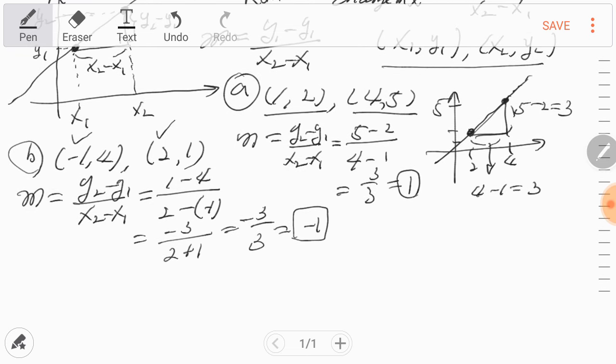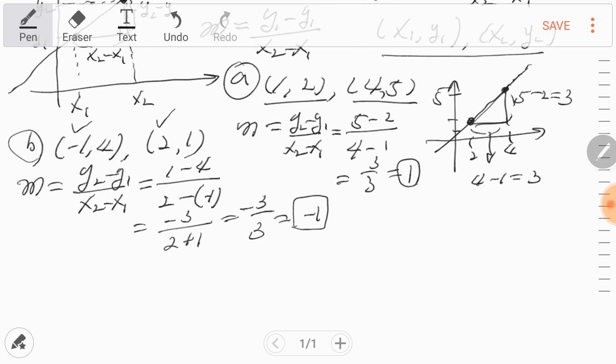Let's plot these 2 points and connect the line. X is -1, y is 4. X is 2, then y is 1. Connect these 2 points like this. So the slope of this line is -1.